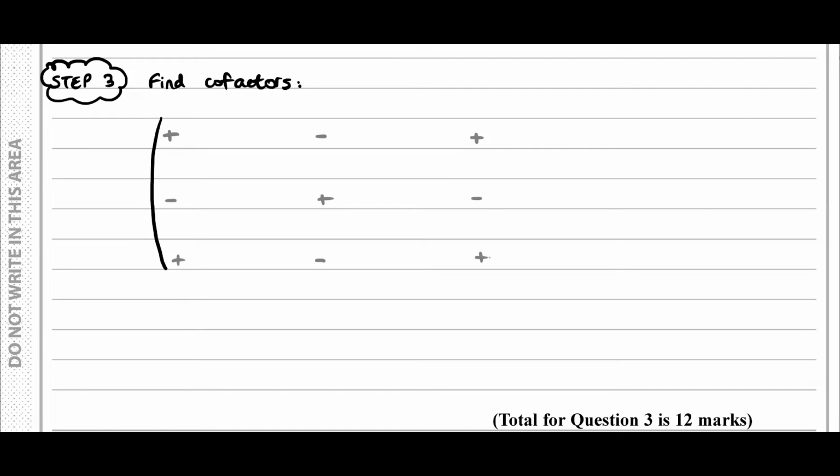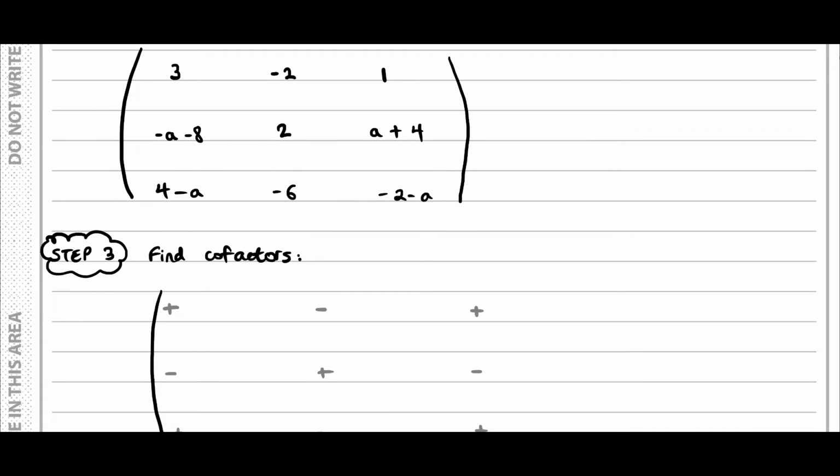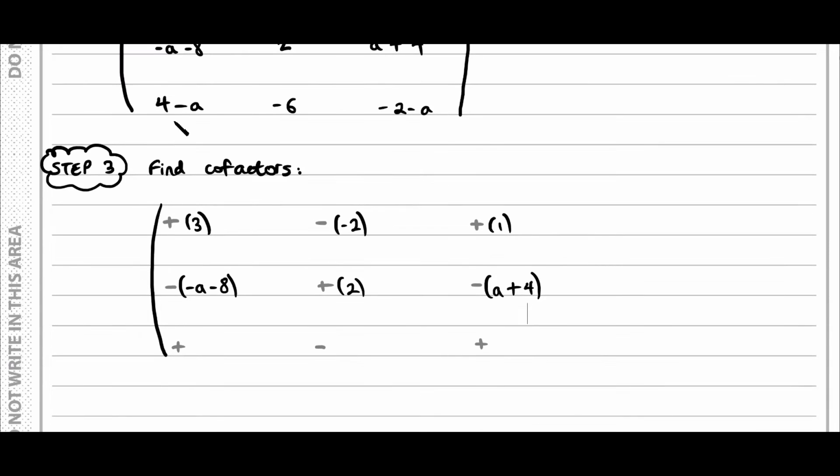We have plus 3, minus 2, plus 1, minus a minus 8, then we have 2, then minus a plus 4, then we have plus 4 minus a, minus 6, and then plus minus 2 minus a.